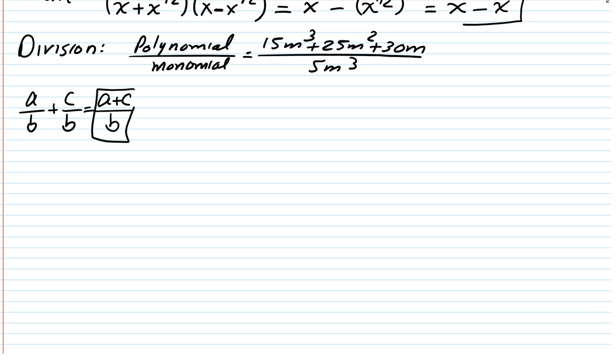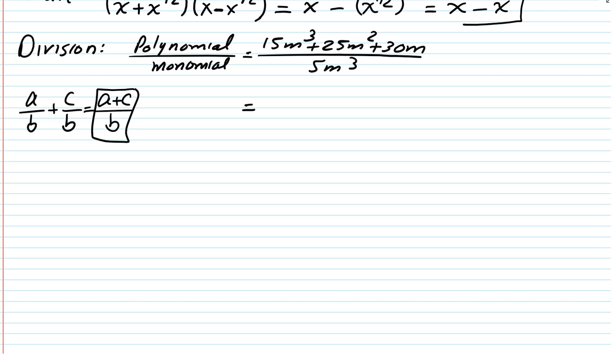So if I have a plus c over b, I can go in this direction and split it into two fractions, couldn't I? A gets divided by b and c gets divided by b. The same thing applies to what we're about to do here.